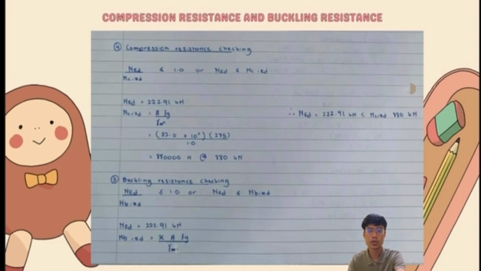Next we need to find the buckling resistance check, or NBRD. Same as NCRD, we find NBRD using the formula, and the NED value is the same.